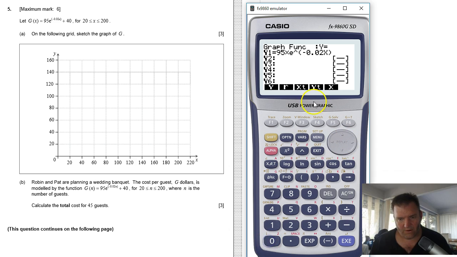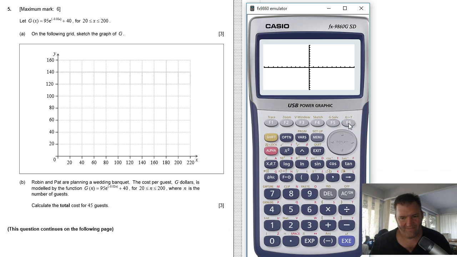Always check your calculator input, there's a good tip. So 95 e to the negative 0.02x plus 40. Make sure we finish it off there. Execute that.